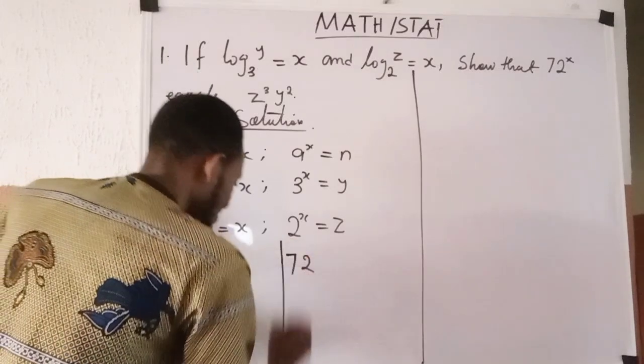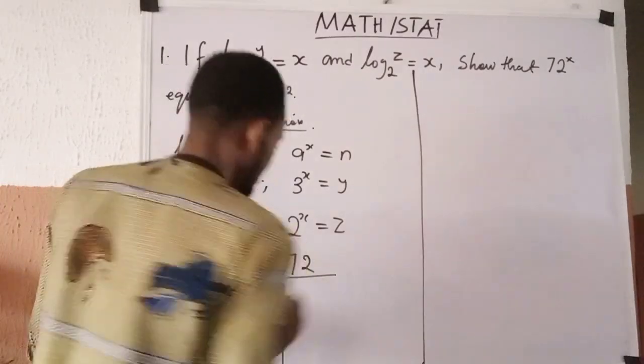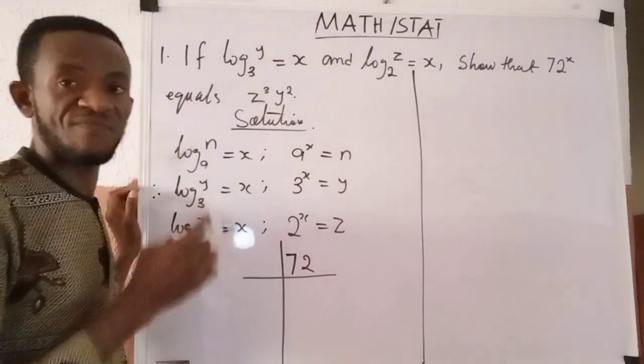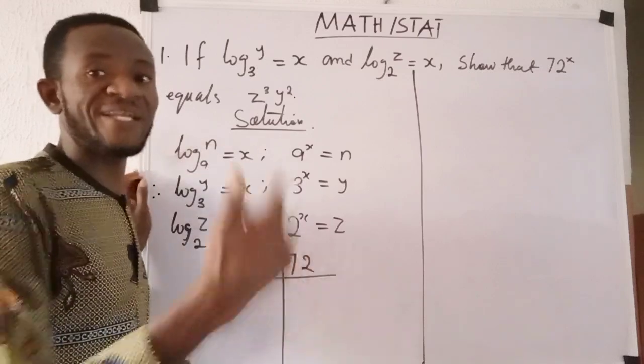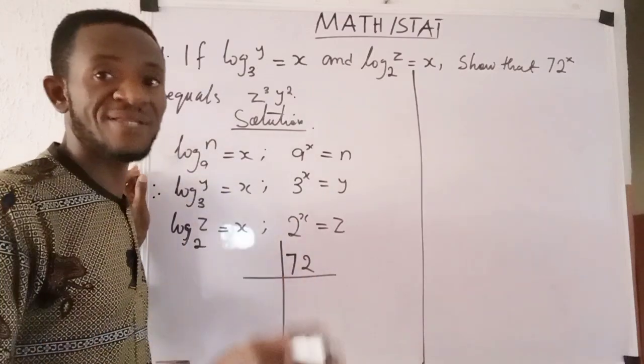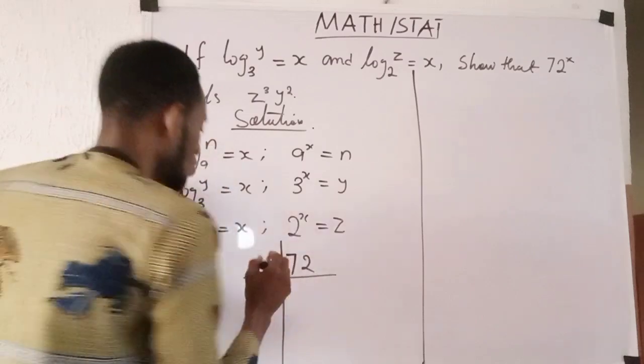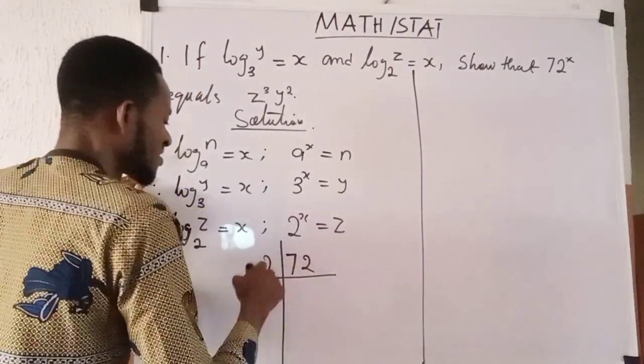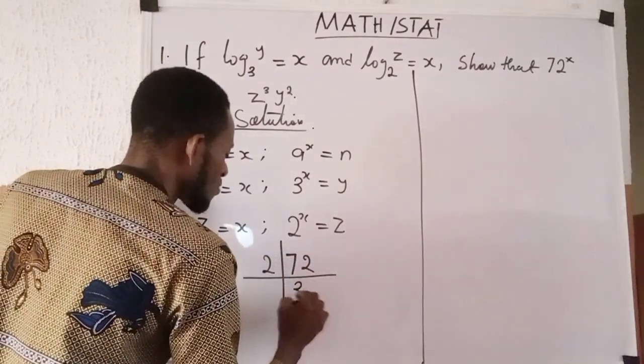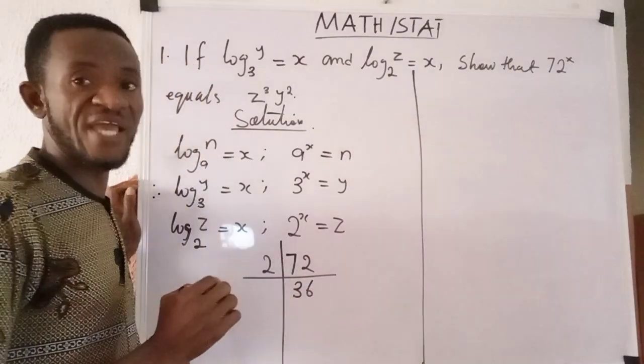We can have a line like this. We ask ourselves, what is the number that can divide 72 without remainder apart from 1? That number is 2. So we have 2 here. 72 divided by 2 is 36.